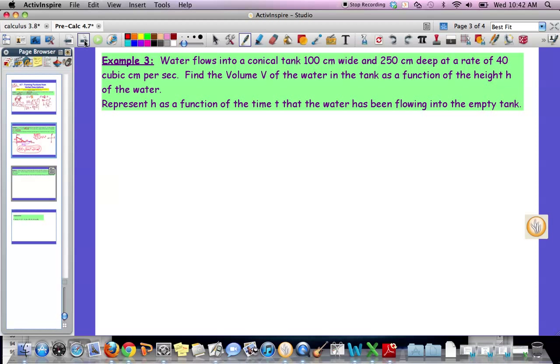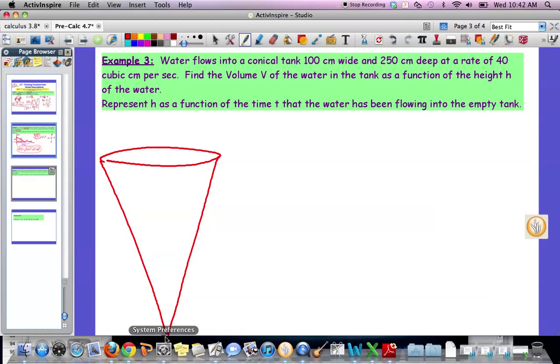So let's first of all get a sketch of what this tank is going to look like. So I've got a cone. I guess I probably made it a little bit too wide on the top, but that's all right. There's my cone. And water is going to flow into this cone, so I'm just going to mark where I think the water is after a certain amount of time. I'm going to label a couple other things.